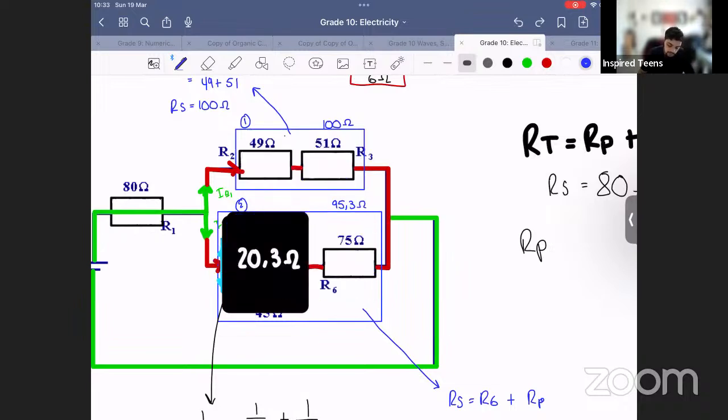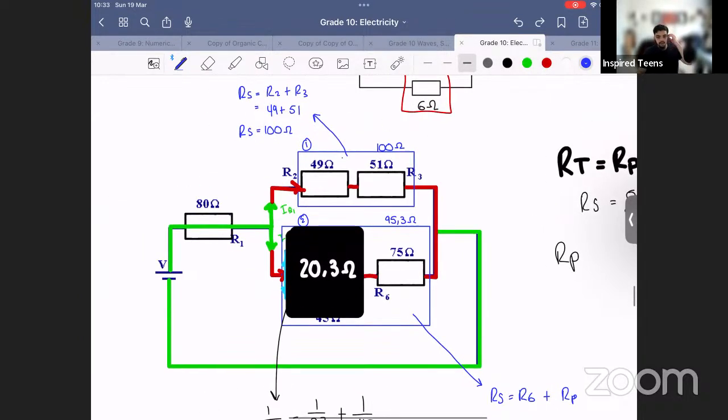But now someone tell me, how are these two connected? The 100 ohms and the 95.3 ohms, are they connected in parallel or series? Very good, parallel, they're connected in parallel.